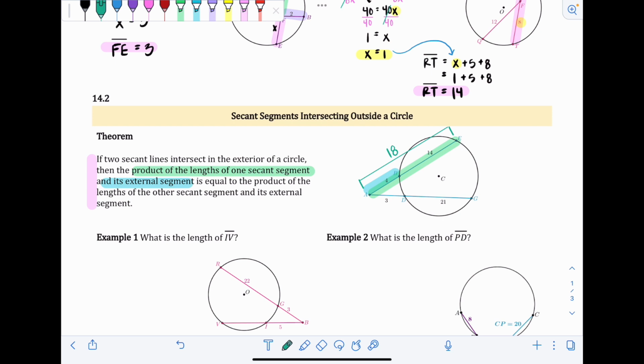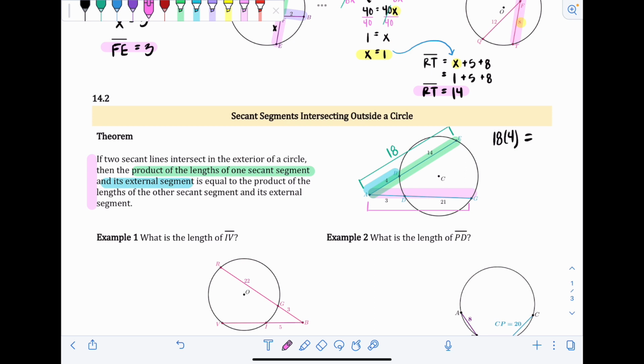So now if I'm going to multiply the secant segment by its external part, I would do 18 times 4, and that would be equal to the product of the same situation for the other segment. On the other side, this is the entire secant segment, from A to G, the lengths of 3 and 21.